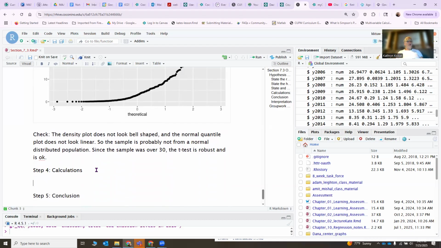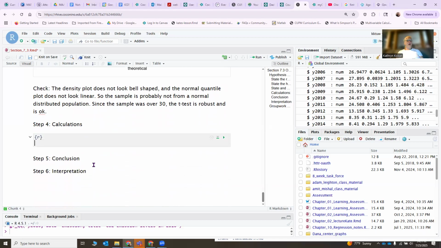Now we can get to our calculations. So for the calculations, I'm going to insert an R chunk. We are going to do a t.test. We are using Y2010. Notice I put the tilde in front of it because this is, again, my explanatory variable. My data set is emission. And what I need to tell it is what the mu value is.